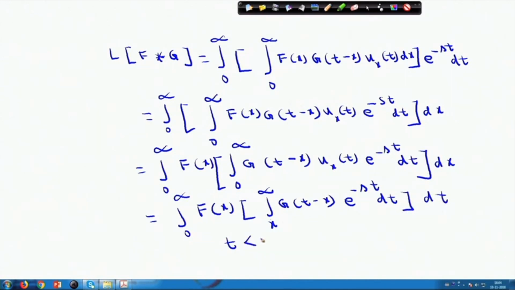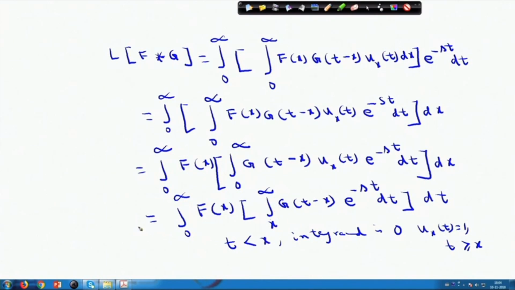Because for t less than x, your integrand is 0. u(x,t) equals 1 for t greater than or equal to x, and for t less than x, this equals 0. So for that reason, I can now break the 0 to infinity into x to infinity over here.